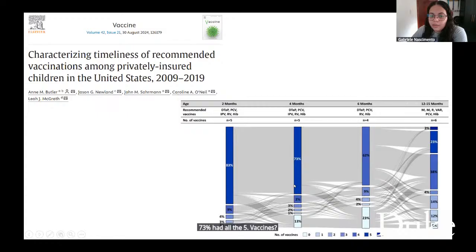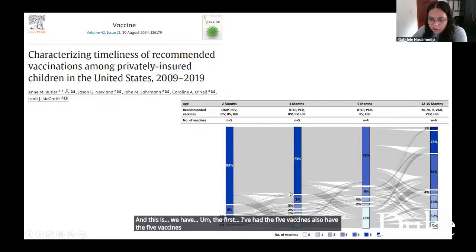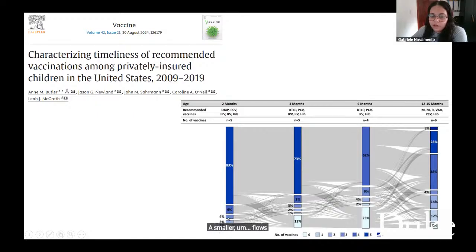Those who had the 5 vaccines in the first month also had the 5 vaccines at 4 months, but we also can see smaller flows coming from the other numbers of vaccines. So this is basically how it works. We have a source and a target, and we can see how it goes from the first one to the second, the third and the fourth in this case.